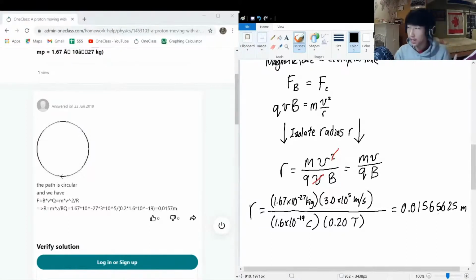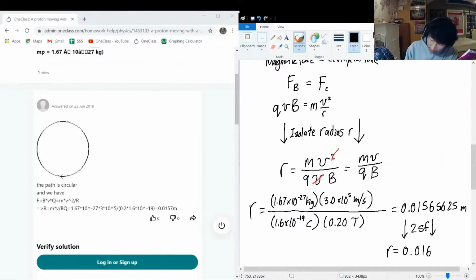And now let's do a significant figures analysis. All of our component numbers are given to 2 or 3 significant figures, so we have to give it to 2 significant figures. So to 2 significant figures, r is equal to 0.016 meters.